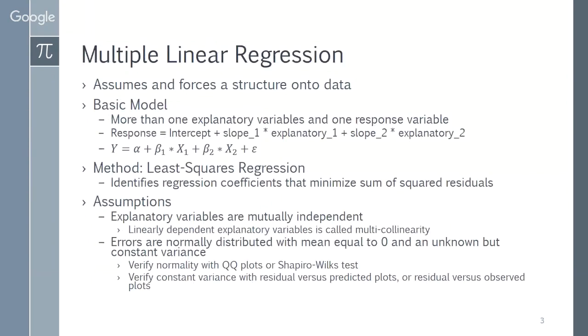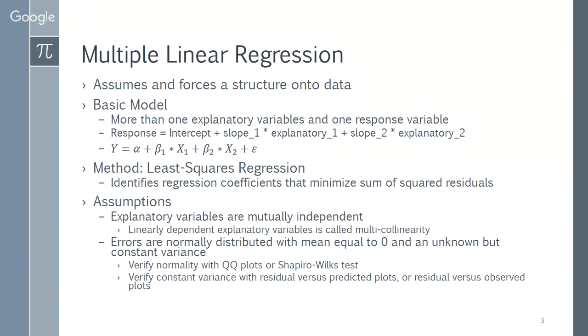So multiple linear regression, just like simple linear regression, the first thing to remember is that it is a model. Therefore, it is an abstraction from reality, and it also assumes and forces a structure onto the data. This is really problematic. I found that most of the time, most data sets do not actually have a linear structure. So I am not a huge fan of multiple linear regression. I think it's an important tool.